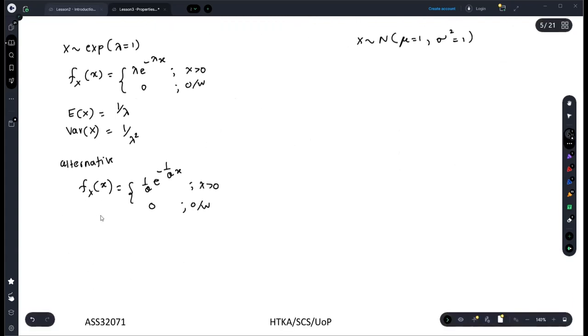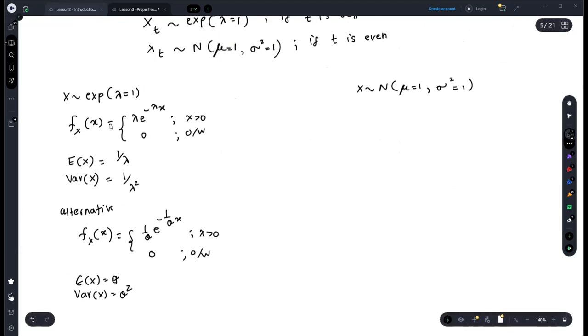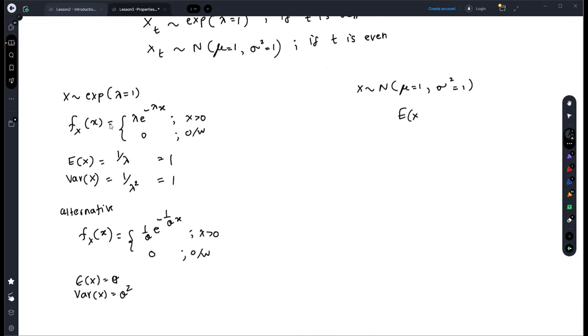So in this case, your E[X] is theta, and variance is theta square, right? So anyway, either way, since lambda is 1, E[X] is 1, variance is 1. Here also, E[X] equals 1, variance equals 1, right?